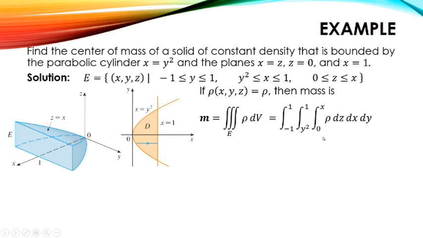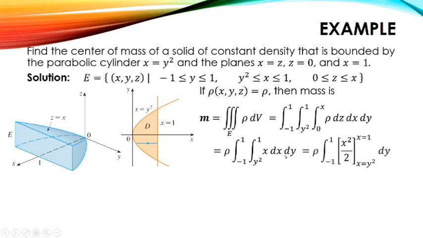Evaluating the innermost integral, rho is constant, so we can take it out front. The integral of dz, where z goes up to x, gives x dx dy. Performing the second integral, we have x squared over 2, where x is evaluated from y squared up to 1 dy. So that is 1 minus y to the fourth, and we put the over 2 in the constant multiple.